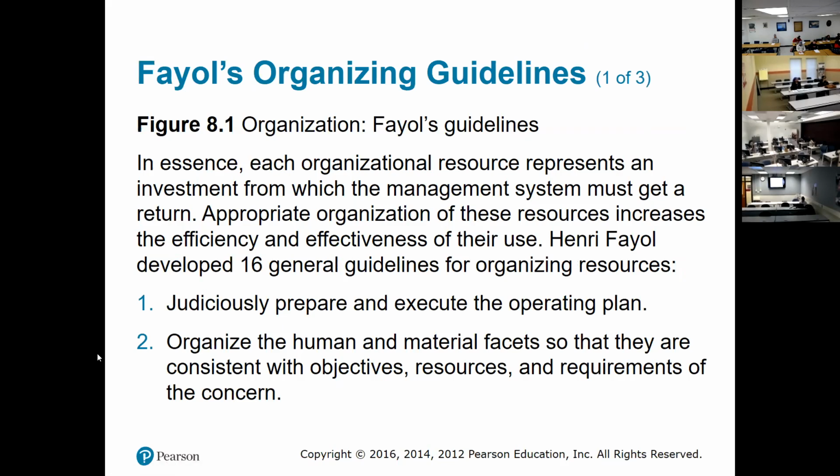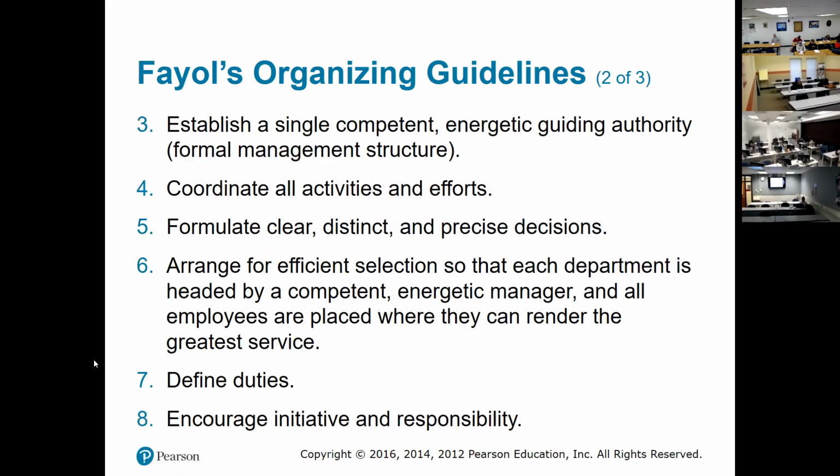So there are 16 general guidelines presented by Fayol. And they're going through step by step here. Judiciously prepare and execute the operating plan, organize the human and material facets so they're consistent with the objectives, and a formal management structure, a single, competent, energetic guiding authority.